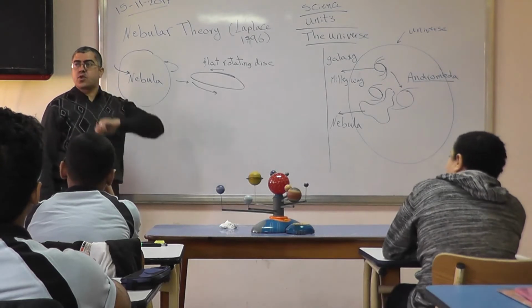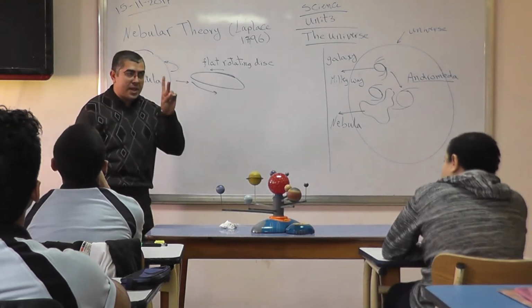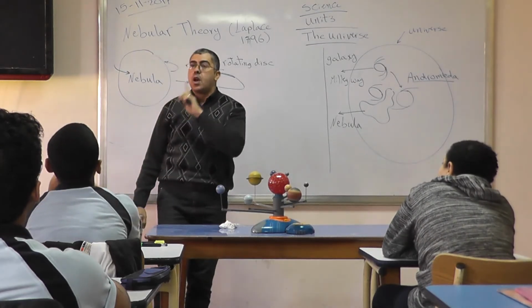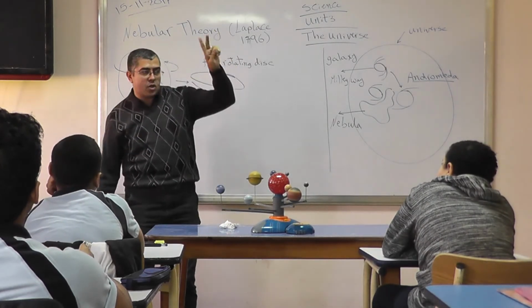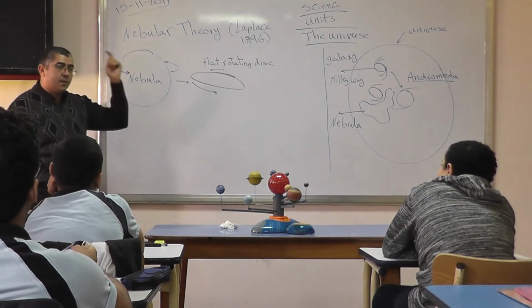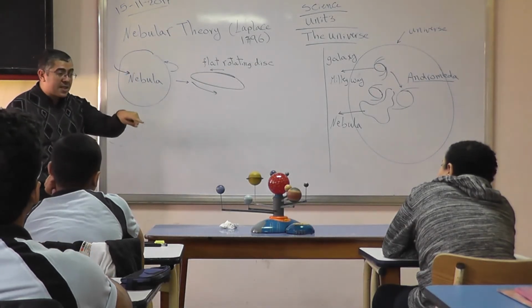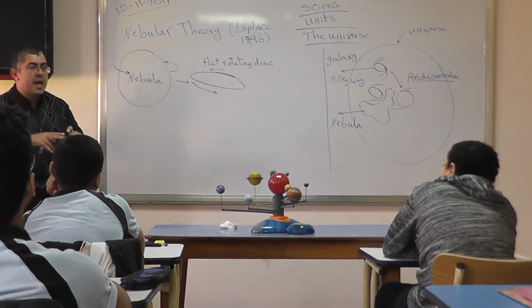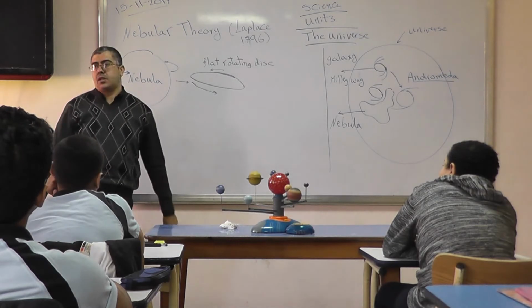After some time we have two words that are with us in all parts of the theories: cooling and condensation. Because of the formation of the solar system in this shape, we have two things, cooling and condensation of the material.